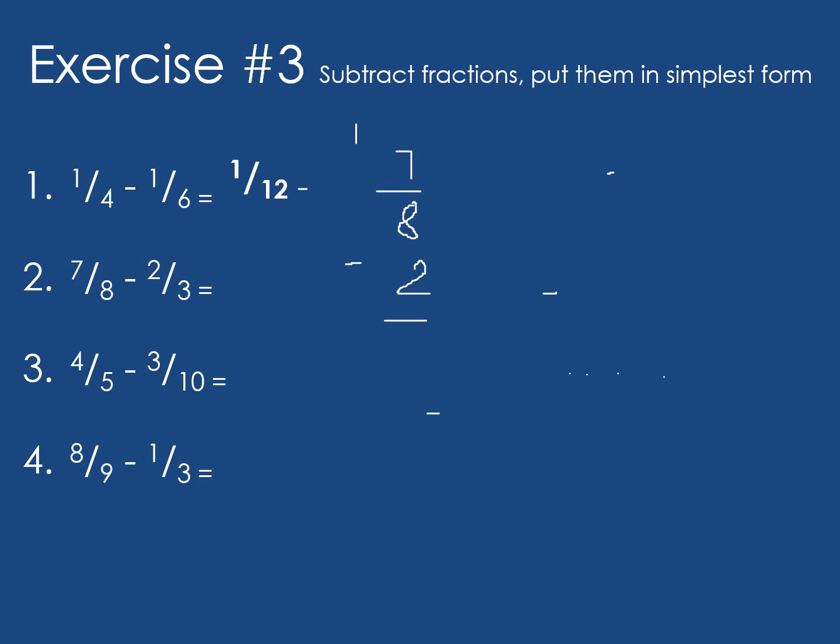So next step, you will have to write now here a fraction sign. Okay, next step is you get the multiples of 8 and 3. 8 and 3. Do the skip counting.